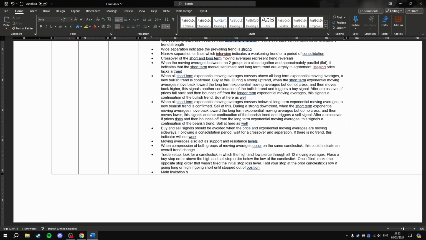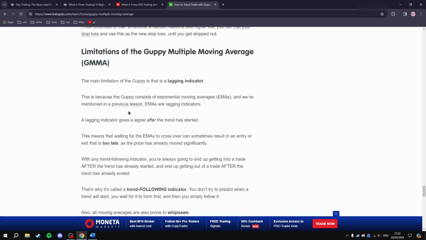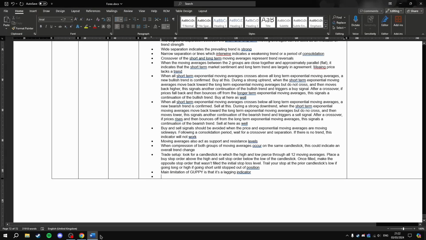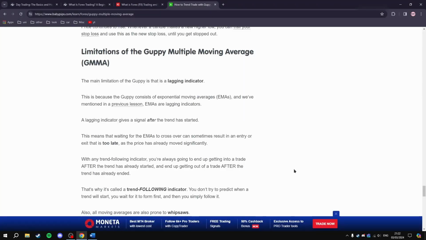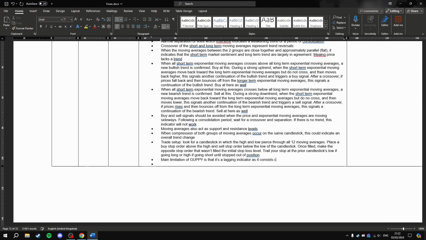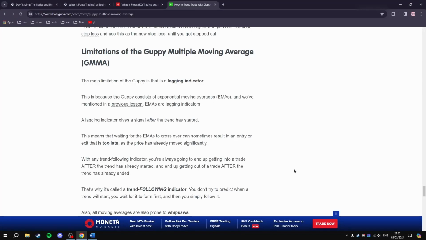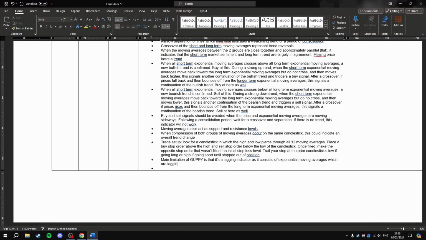This is because the Guppy consists of exponential moving averages, and as we mentioned in the previous lesson, exponential moving averages are lagging indicators.